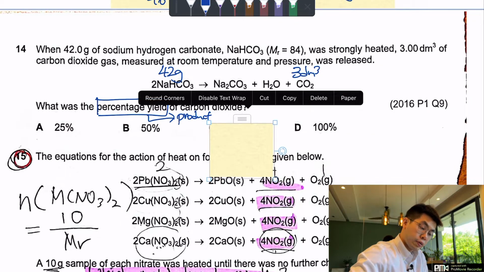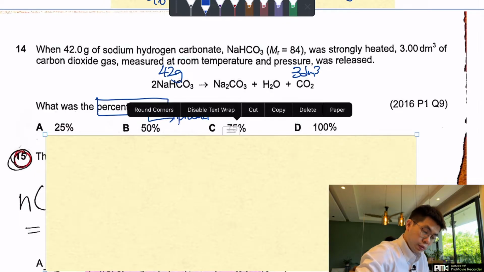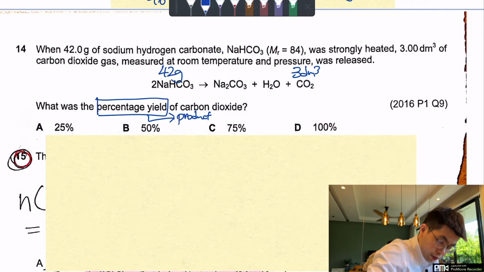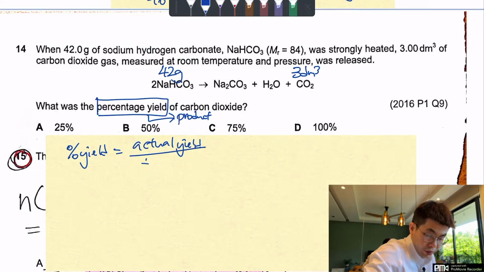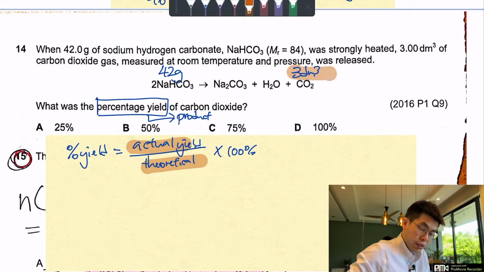I remind all of us again, percentage yield equals actual yield, the thing that I actually get, divided by theoretical yield times 100%. The actual yield is given here, 3 dm cube. The theoretical yield I need to calculate.